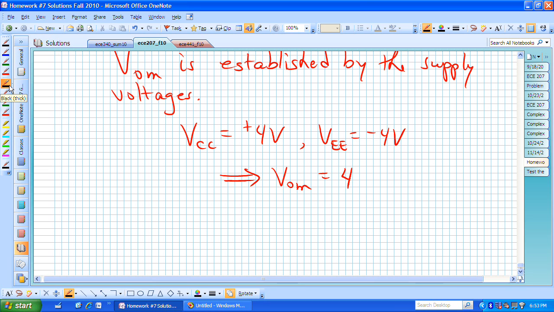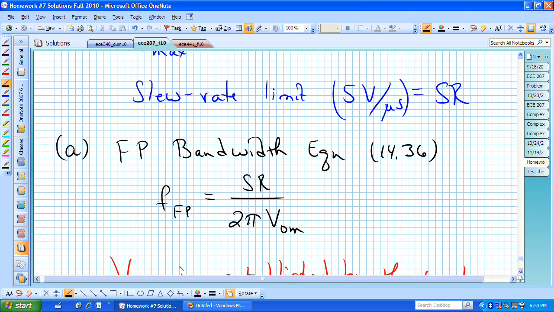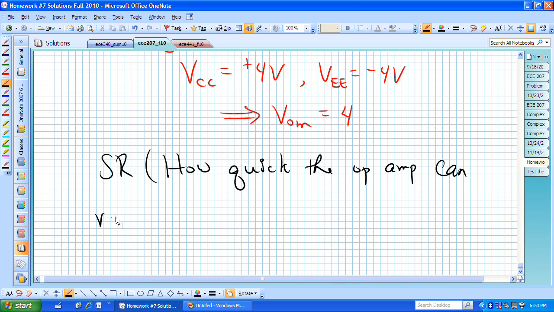The slew rate value is really telling us how quick the op-amp can respond to voltage changes.